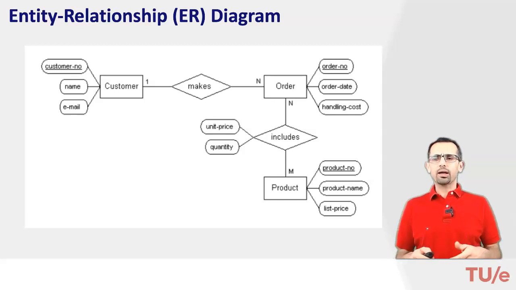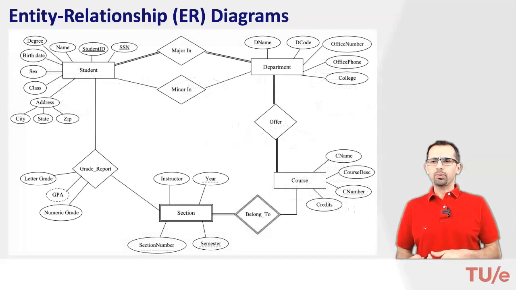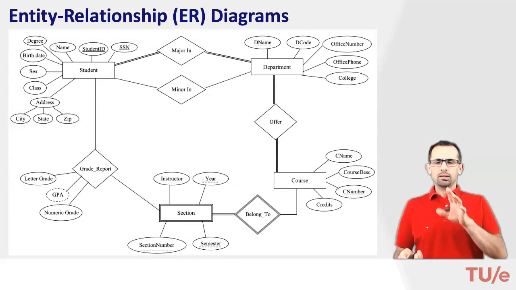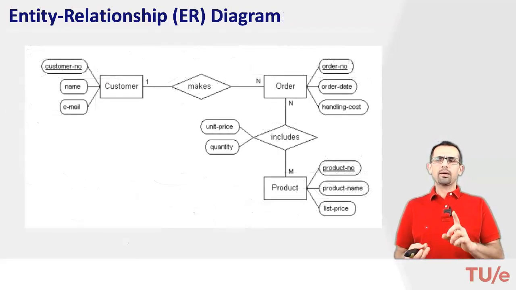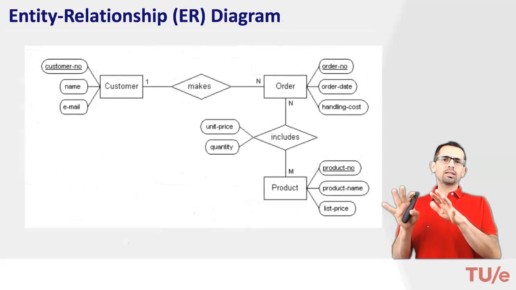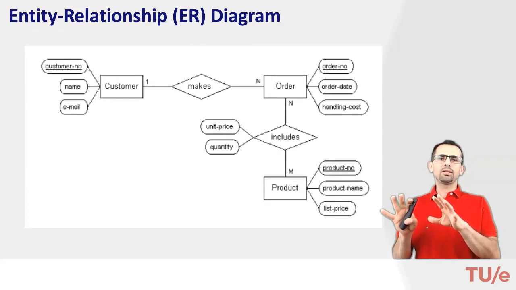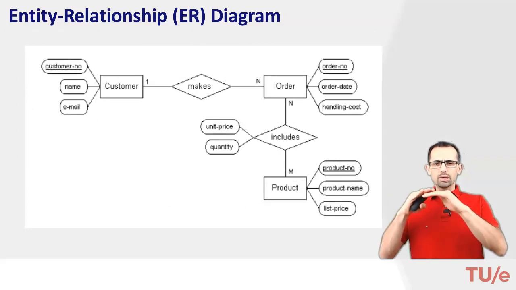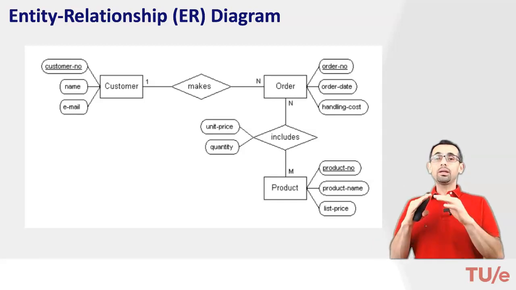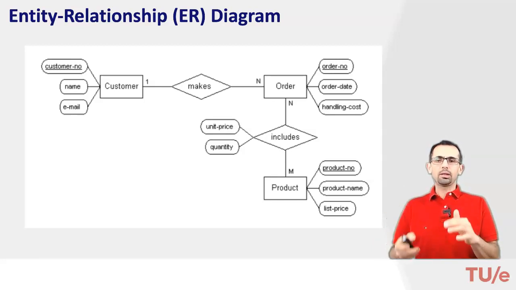It is very close to, in fact, class diagrams. One note here about ER diagrams: this is quite an acceptable level of detail at the user level, or even at the requirements level.